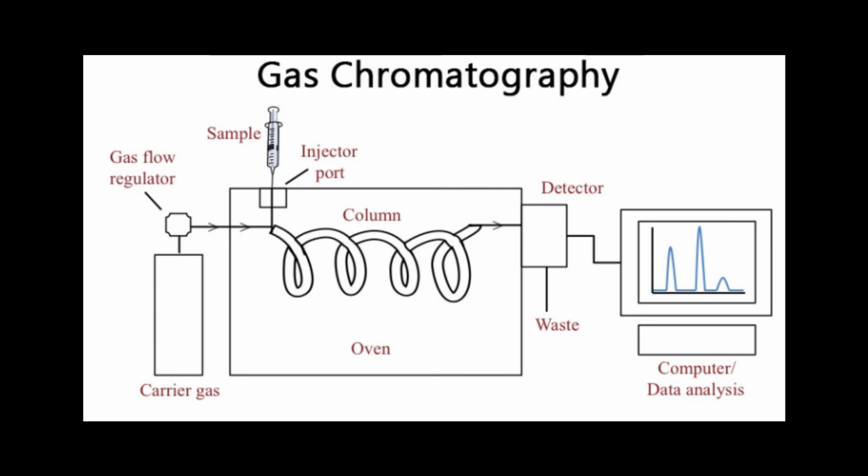Here is the procedure of gas chromatography. Step 1. Sample injection and vaporization. A small amount of liquid sample to be analyzed is drawn up into a syringe. The syringe needle is positioned in the hot injection port of the gas chromatograph and the sample is injected quickly. The injection of the sample is considered to be a point in time.